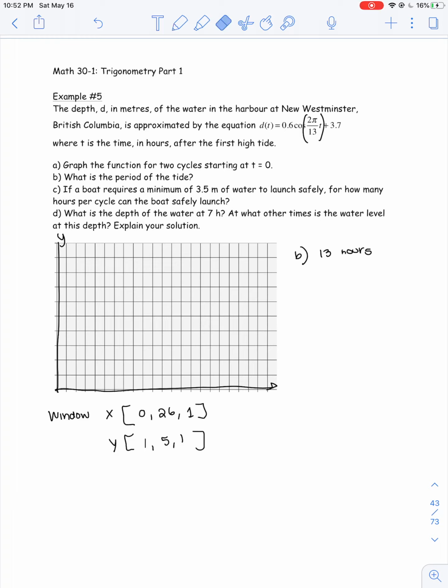For X, I'm going to label it as T for time in hours, and your Y value, I'll label as D of T.